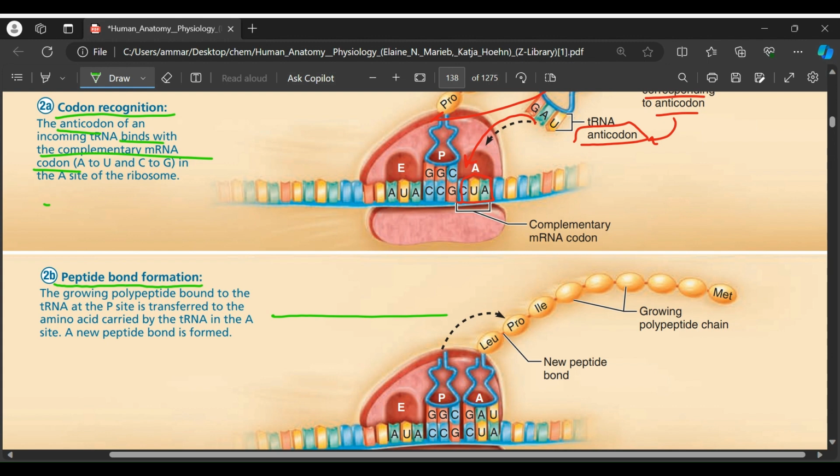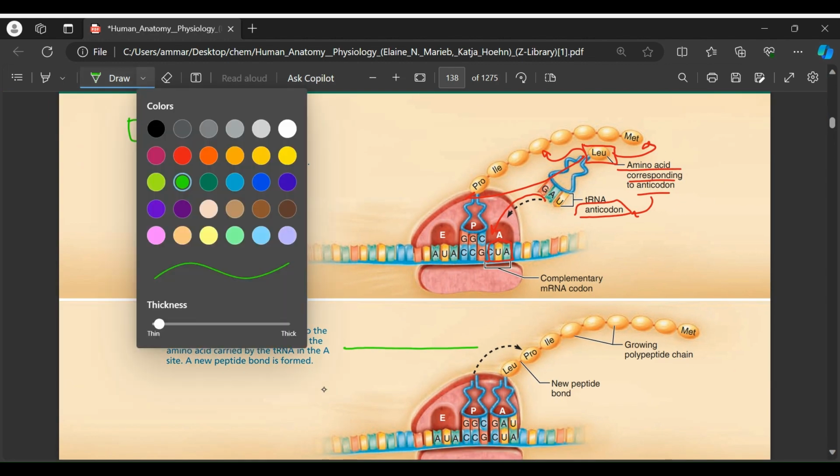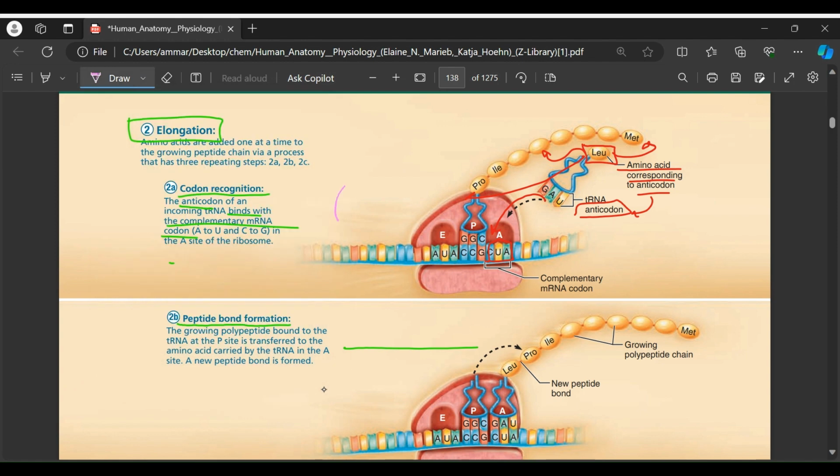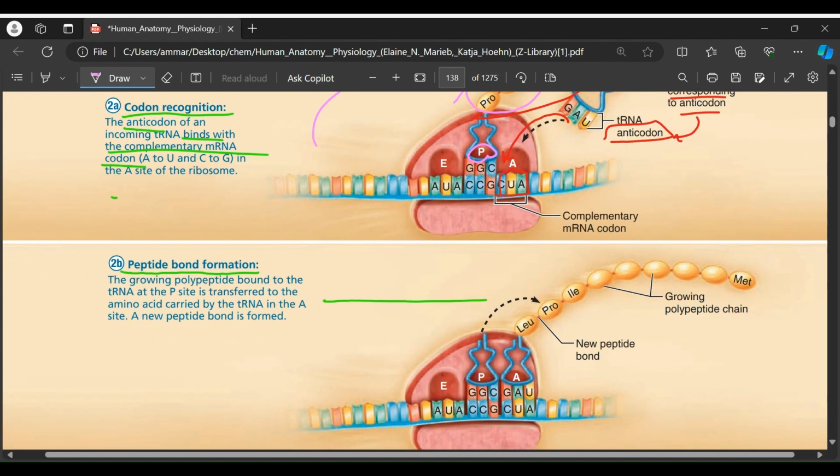The growing polypeptide bound to the tRNA at the P site, if you go back to the first picture, you're going to notice that it is in the P site, is transferred to the amino acid carried by the tRNA in the A site. So it will be transferred to the L amino acid here. I will show you how, and a simple way of remembering it, okay? So a new peptide bond is formed.